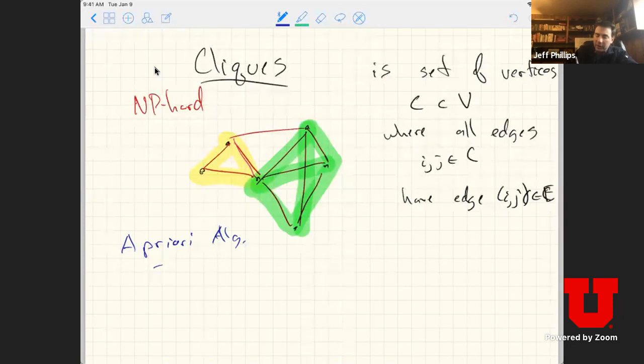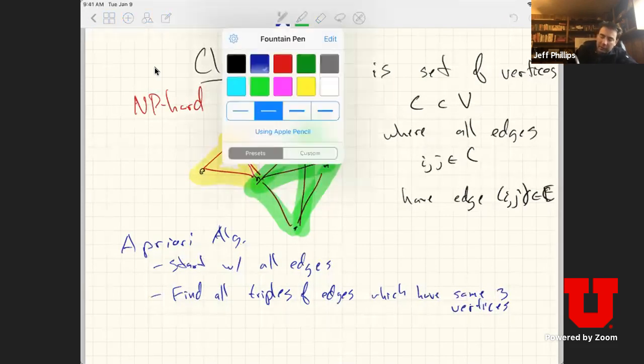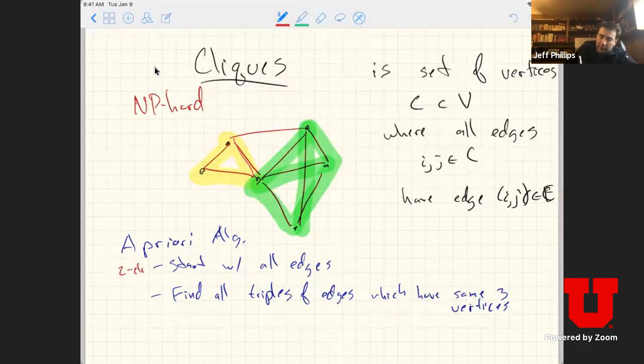I start with all edges, and then I find all triples of edges which have the same three vertices. So this is the two cliques, and this is the three cliques.